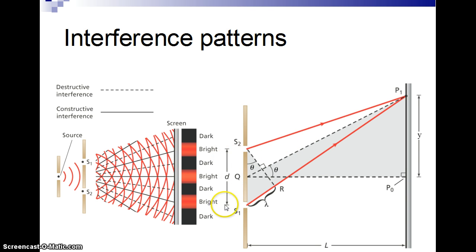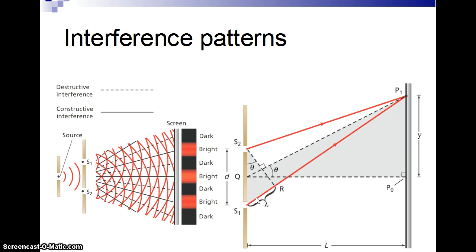We're going to say these slits are separated by some distance d, and there's some angle going from the center up to wherever we're measuring. If you look at these two paths, the top portions are the same, but the bottom section has this extra amount to go.